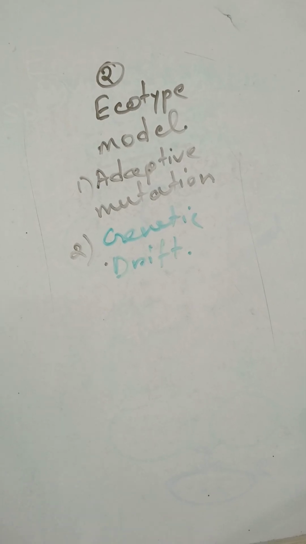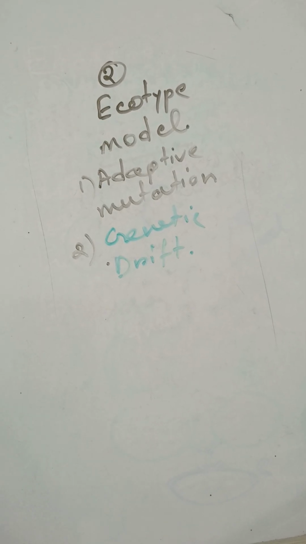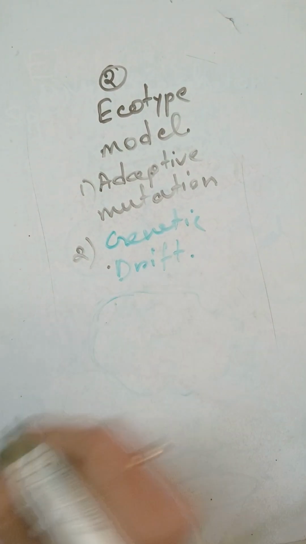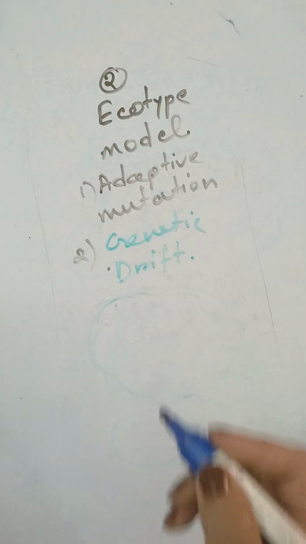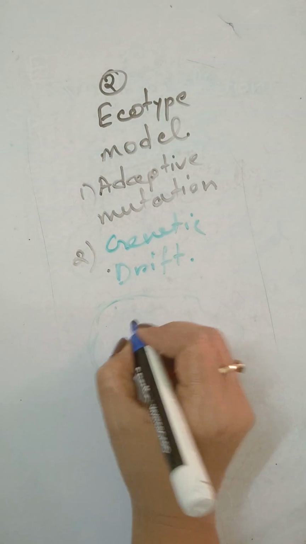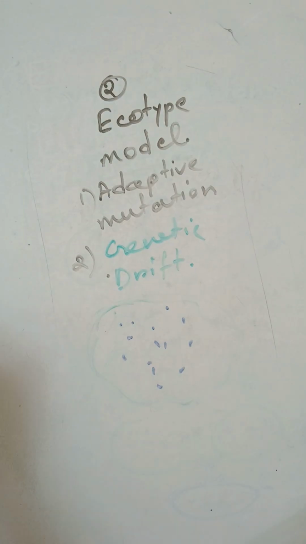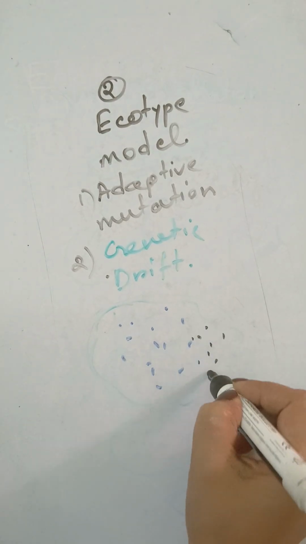Due to genetic drift, what happens? Suppose there is a population of microbes. Due to the genetic drift, small changes occur in the microbes, and there are other microbes also.